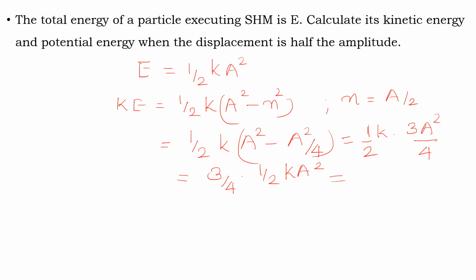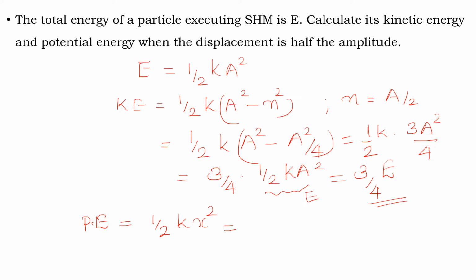That is half K A square, which is E, the total energy. Therefore, the kinetic energy is 3 by 4 E. And the potential energy is equal to half K x square.